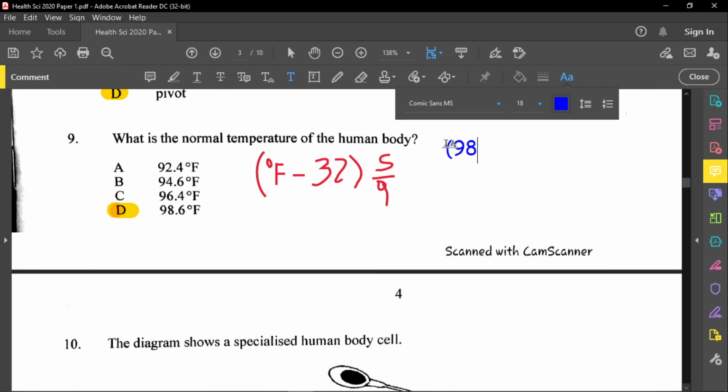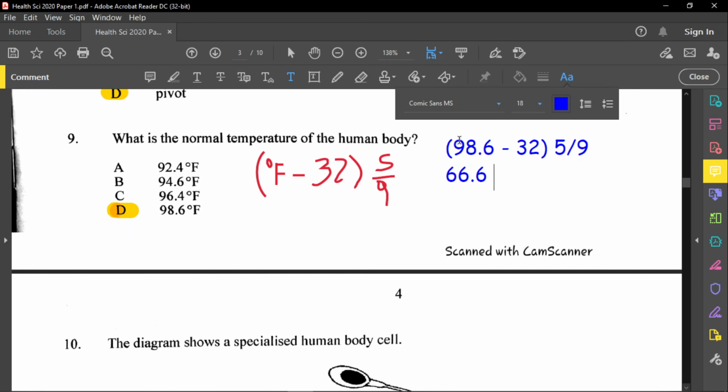We say 98.6 minus 32, and all of that multiplied by 5 over 9. 98.6 minus 32 gives you 66.6.